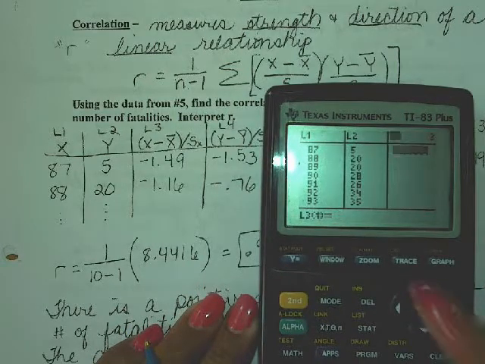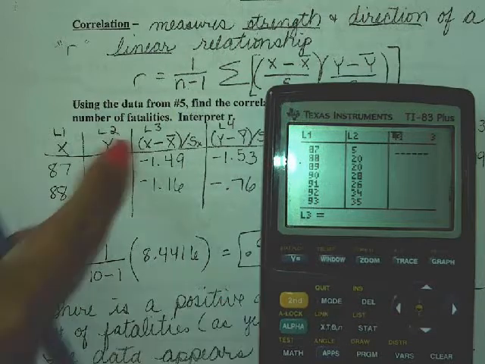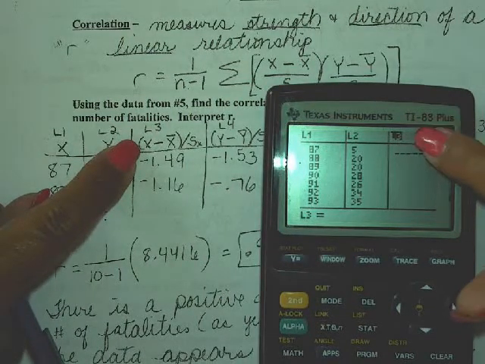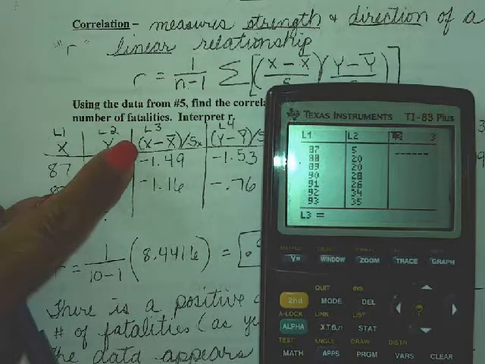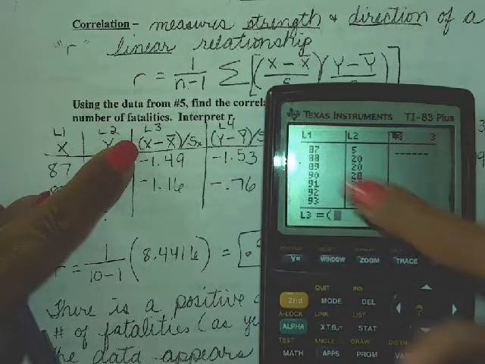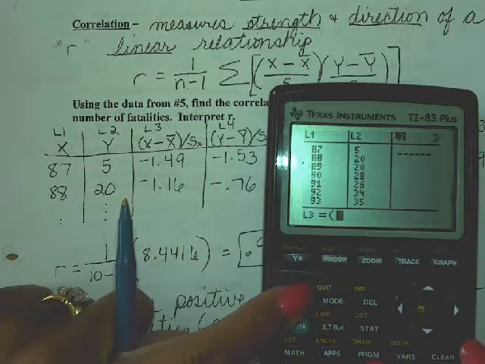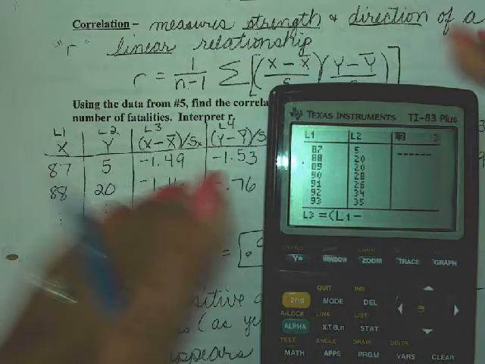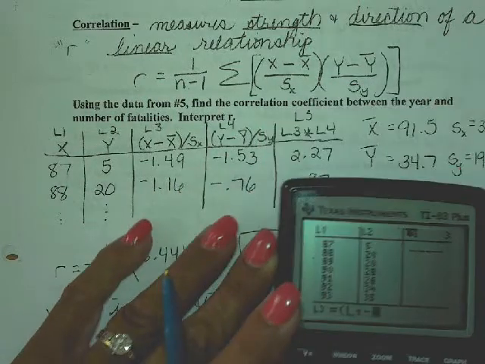Now what we're going to do is go over to list 3. As you can see I've written down here, we're going to have list 3, and we get up into this icon. I want to find the z-score of my x list. So I take a left parenthesis, and I take this first data point, which is list 1, minus the mean, and I know the mean of the x's was 91.5.